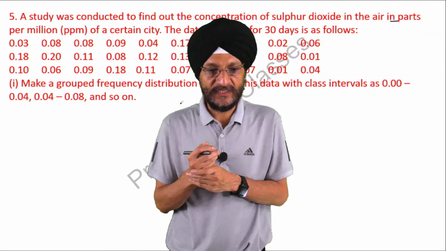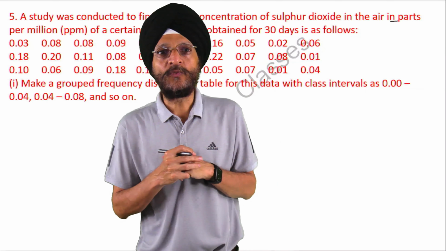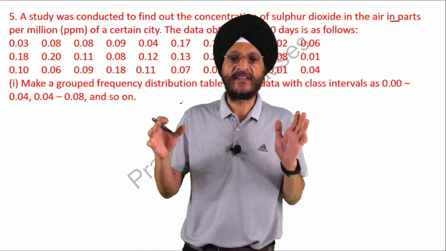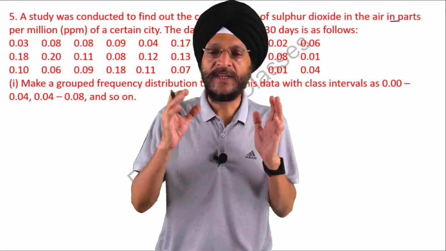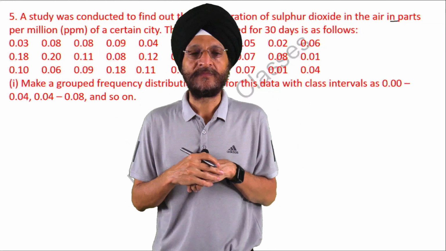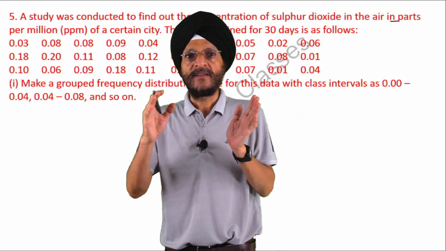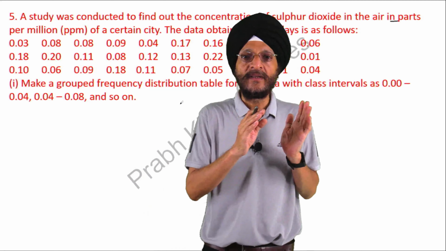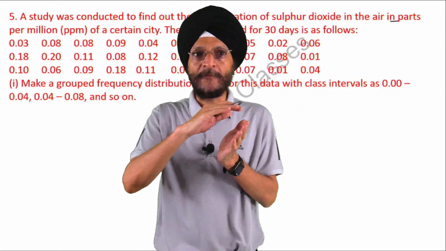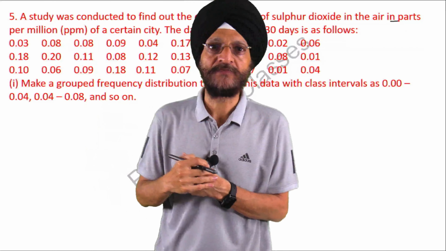Now, what is the question? The question is this, that a study was conducted to find out the concentration of sulfur dioxide in air in a certain city, and the data of 30 days was collected, and now we have been asked to prepare a grouped frequency distribution table.